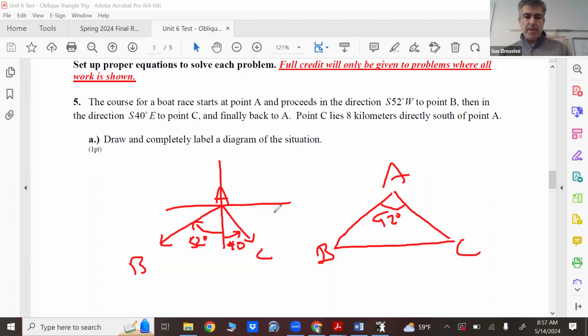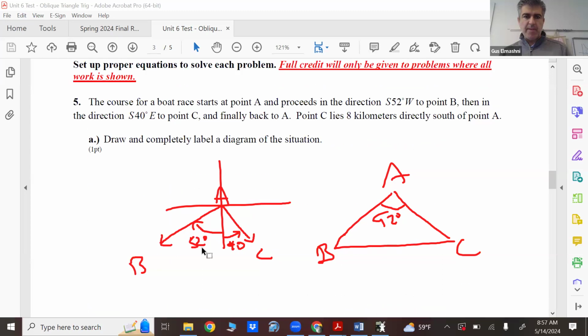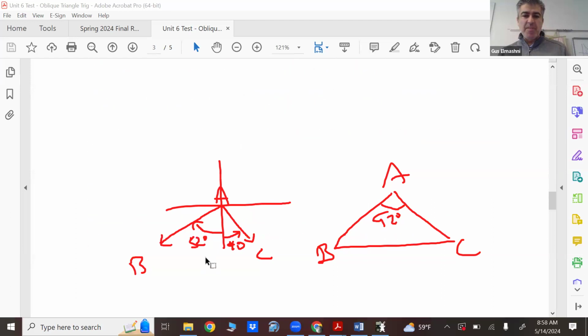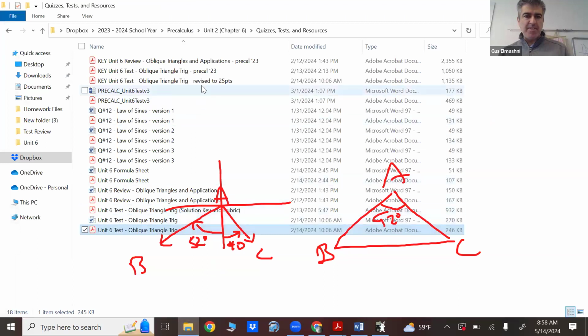Okay, so hold on. That seems confusing. Wait, why am I confused here? Let me look at the answer key. That doesn't make any sense. Hold on.